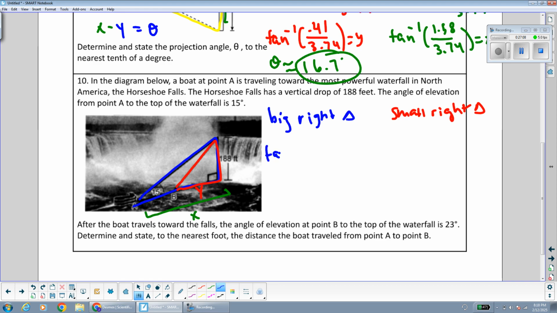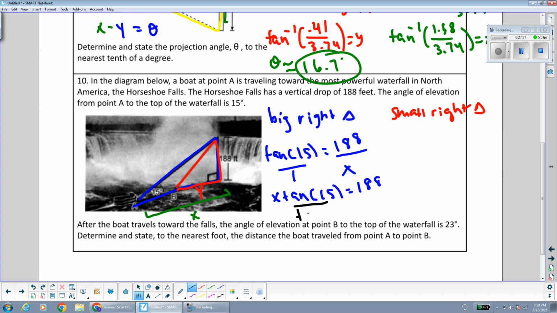Tangent of the 15-degree angle equals opposite over adjacent is what we're looking for. This over 1. Show all your work because a lot of people will miss that you actually need to divide by tangent of 15 on both sides.